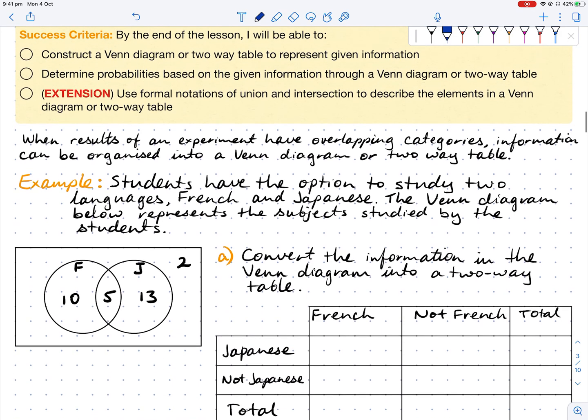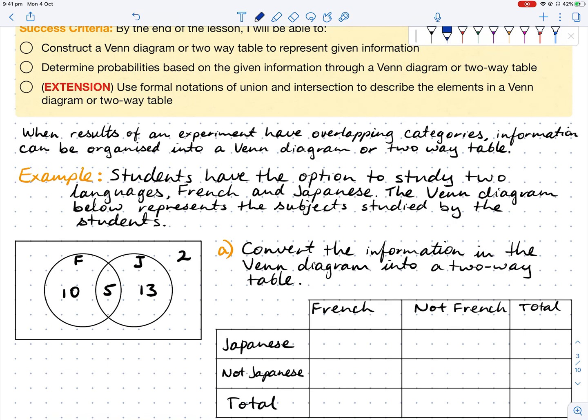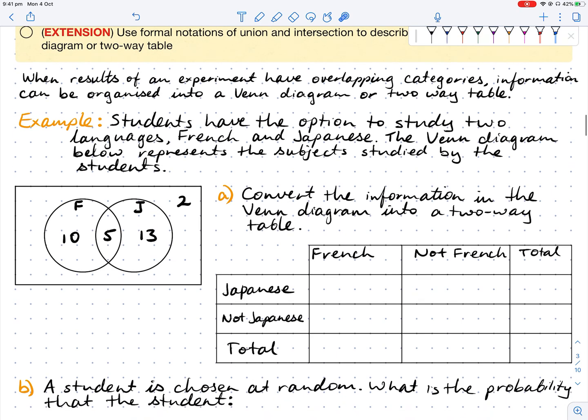When we're looking at probability, sometimes we'll look at experiments that have overlapping categories of information. We can use a Venn diagram, which is your circle diagram, or a two-way table to represent that information. Students have the option to study two languages, French and Japanese. The Venn diagram shows the subject studied by the students.